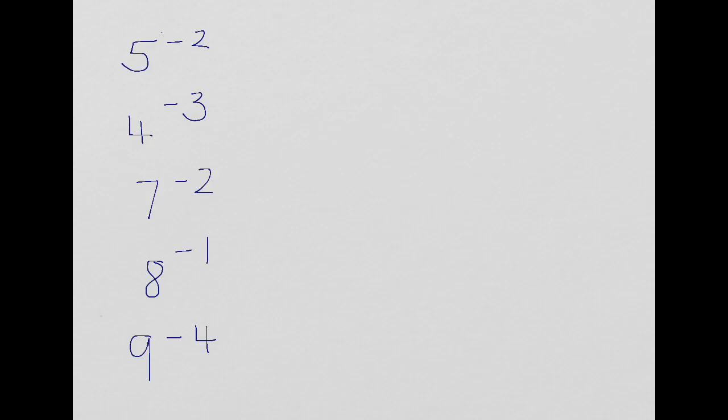So as a product form to start with, that would be 1 divided by 5 multiplied by 5. Remember the negative, that tells me that it's the reciprocal, and it's telling me I'm dividing by 5 squared. 5 multiplied by 5 is 5 squared.